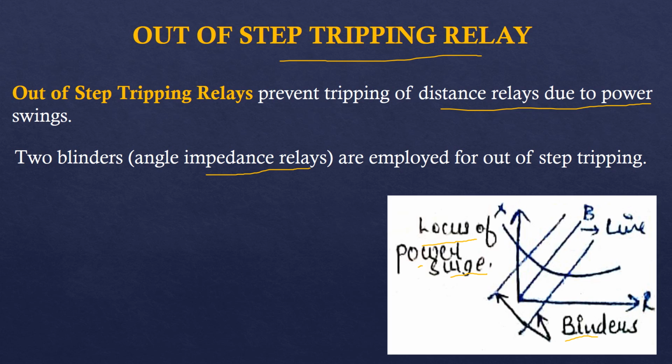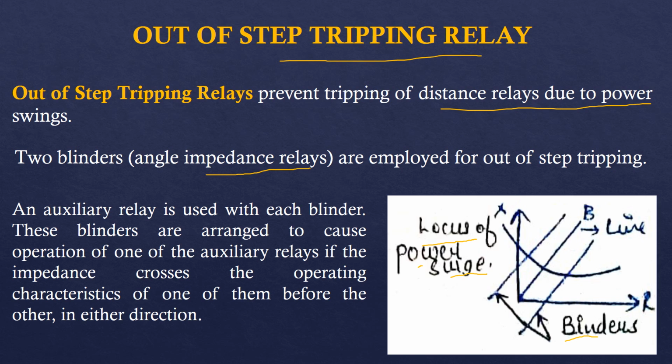Now, we have already seen in the power swing analysis that if the impedance locus seen by the relay enters the operating characteristics of the distance relay, then the distance relay will see this as a fault. The blinders do the same.